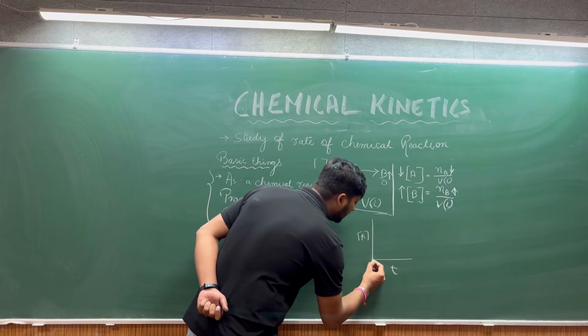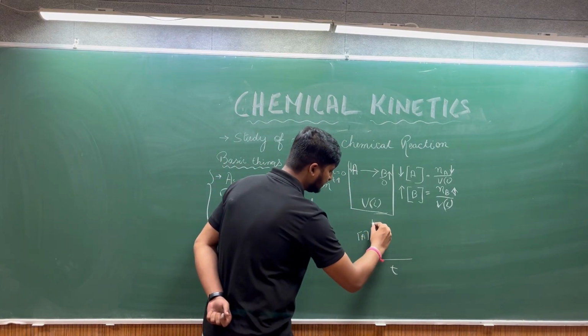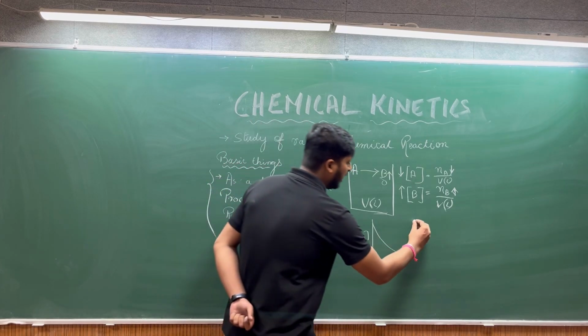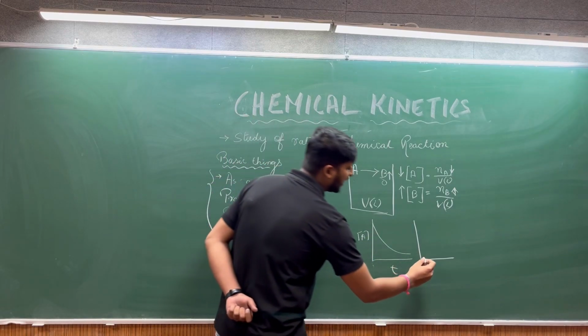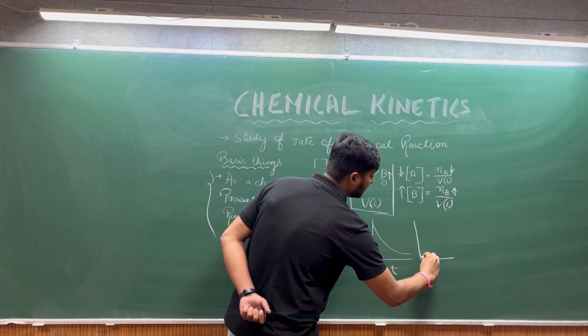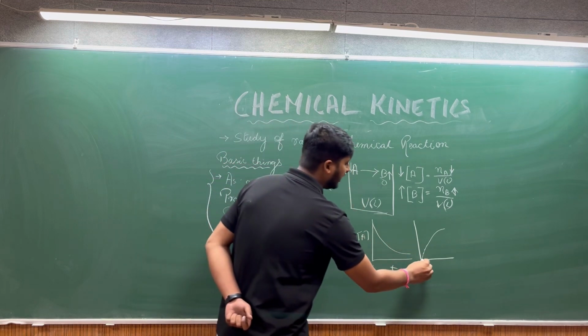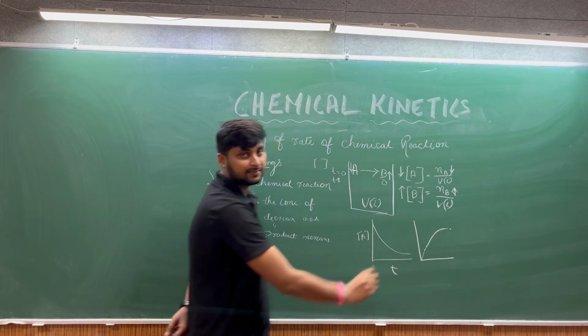Initially the reactant concentration is maximum, and as time increases, the concentration decreases. So we will get a curve like this. For product, the concentration versus time graph will look something like this, because initially the concentration of product is 0, and as the time increases, the concentration of product increases.